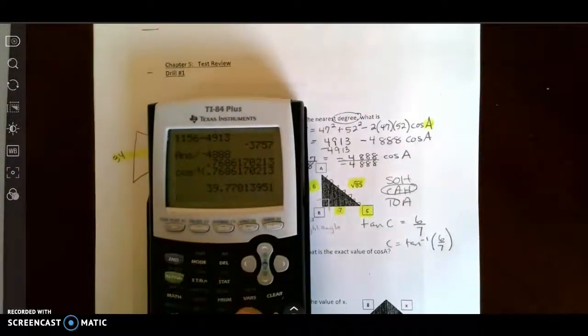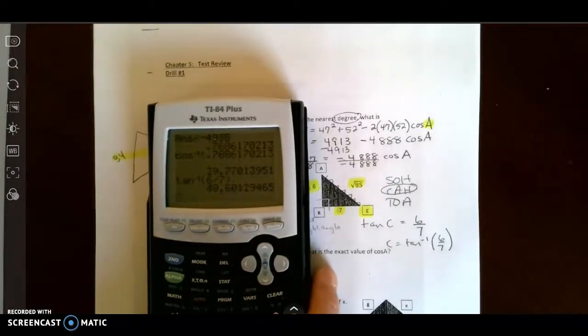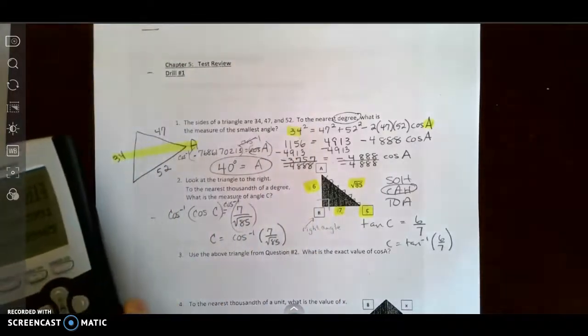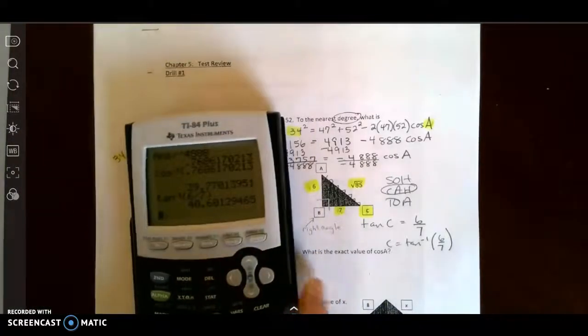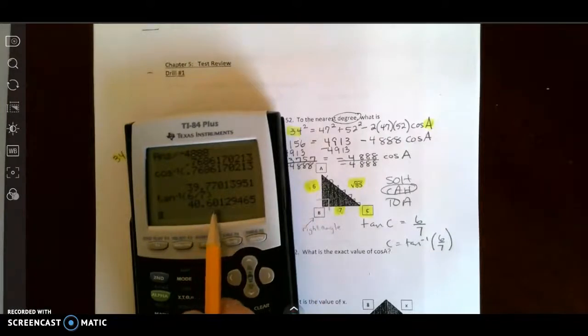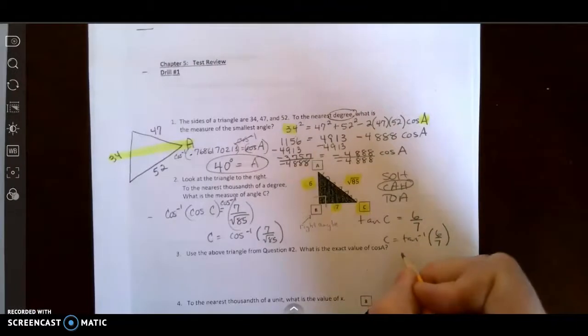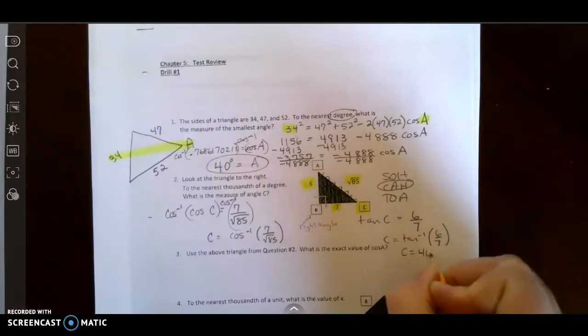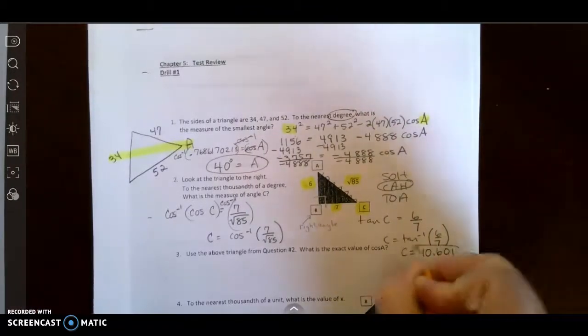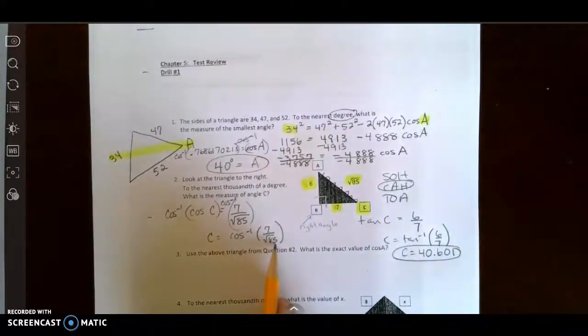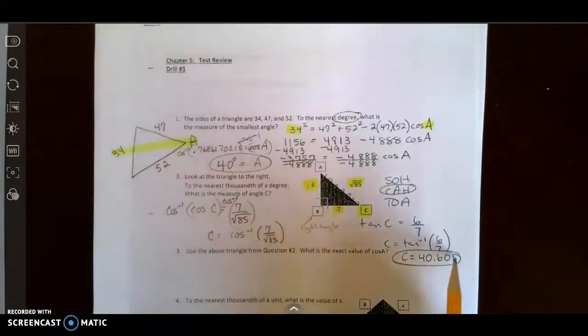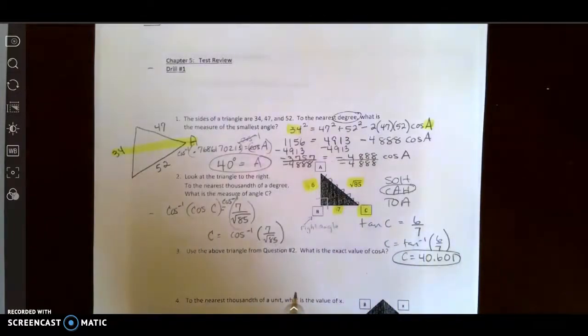So inverse tangent of 6 over 7. And I get 40.6. It says to the nearest thousandth of a degree. That would be 601. So 40.601. So C equals 40.601. Now, I'm not saying I couldn't have done it with this. I just think this is much easier to type into my calculator, so I used that.